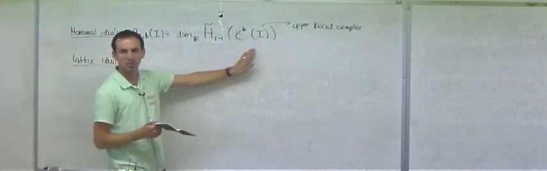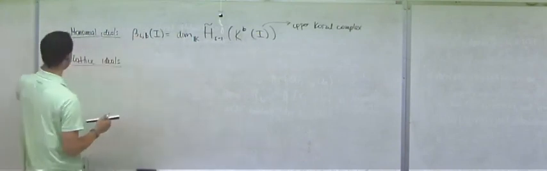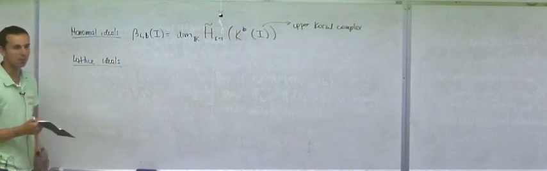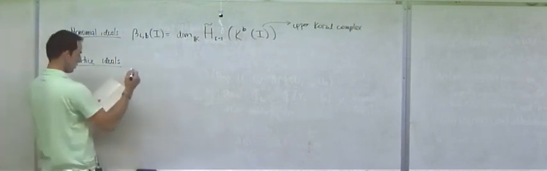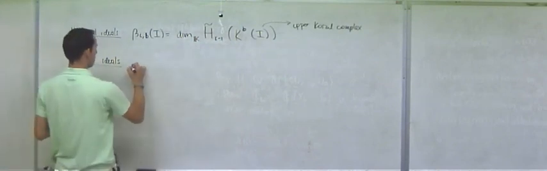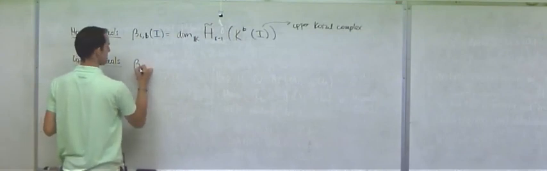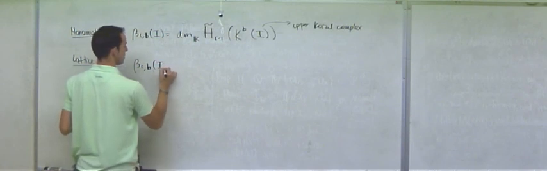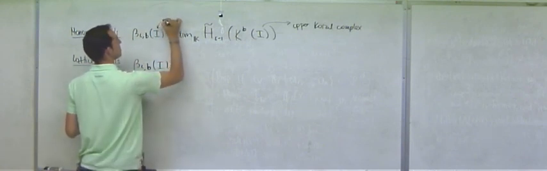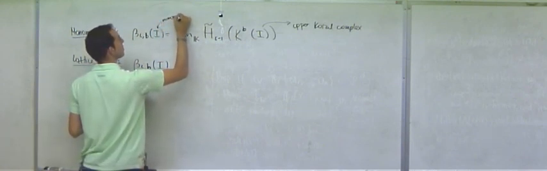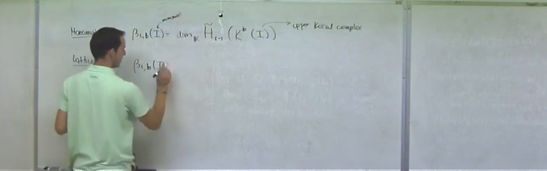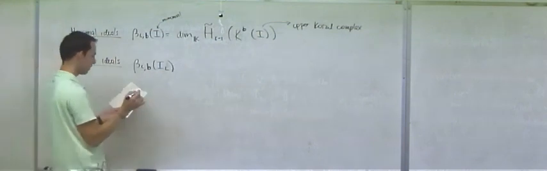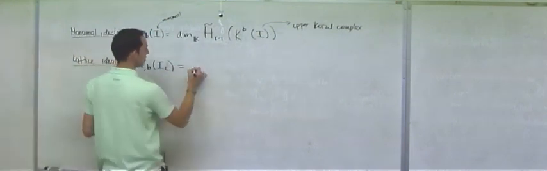Okay? And so what I want to do now is the same thing for lattice ideals. I want to show you that we can also compute the Betti numbers of a lattice ideal in the following way, by just computing the homology of something.